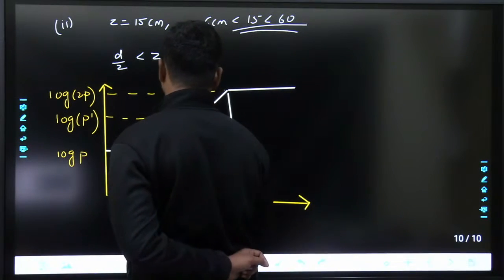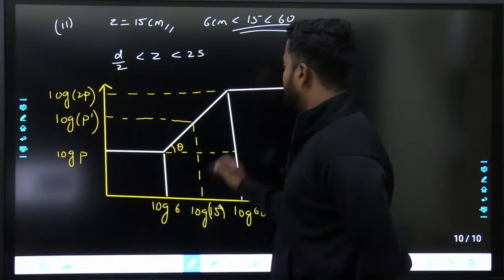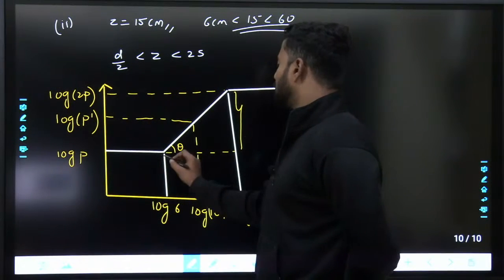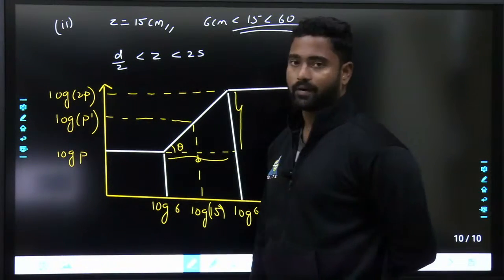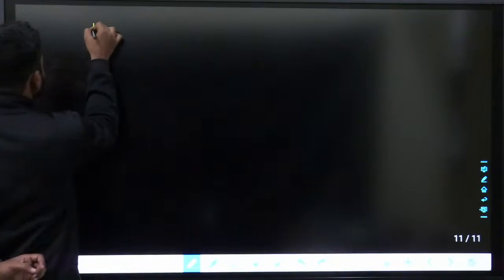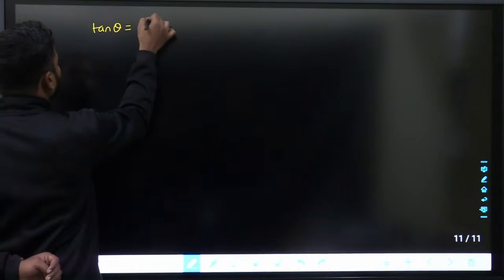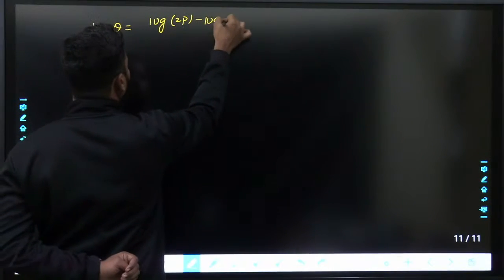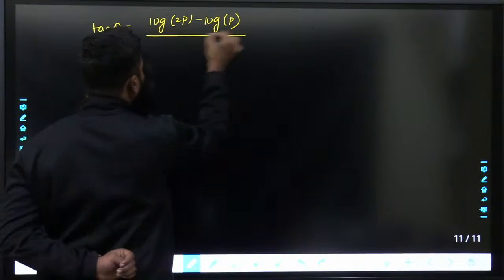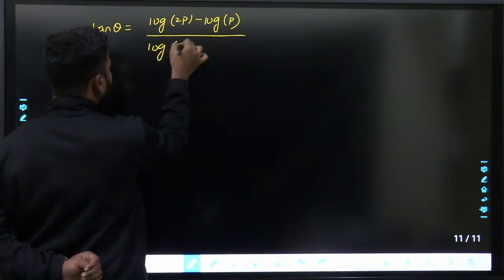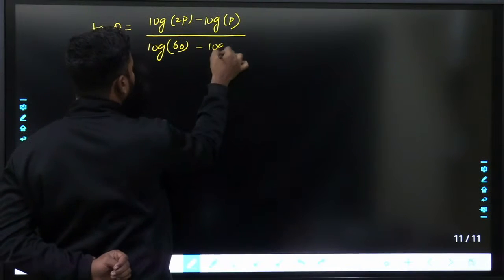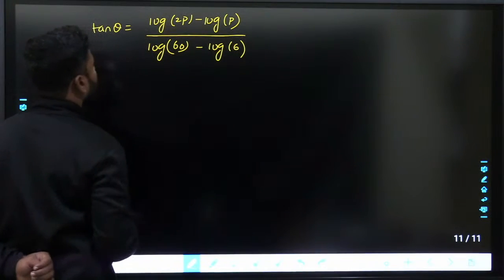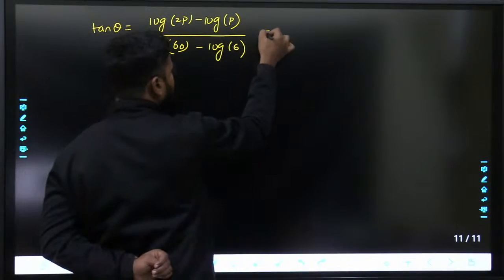If I take this as theta, tan theta equals this upon this, right? Tan theta equals log 2P minus log P upon log 60 minus log 6.